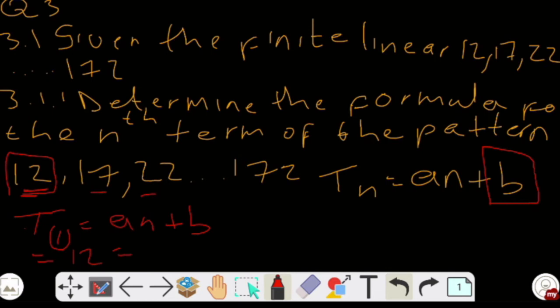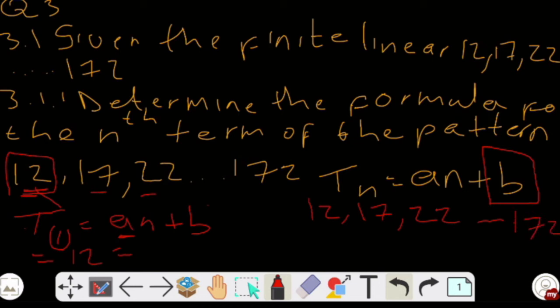So I'm going to say 12 equals our A. Did we determine our A? No, we haven't. So let's go ahead and do that, because our A is the first difference. So in this case, what's going to be our first difference? Let me write it down here so that it can be all clear. 17, 22, up to 172.